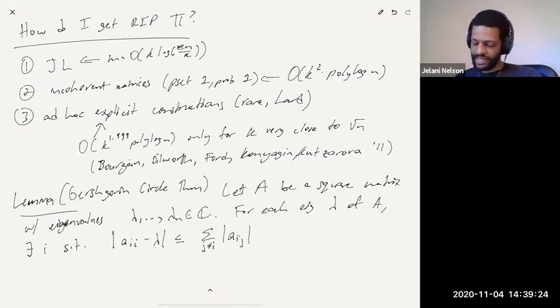So what it says is every eigenvalue of A lies in a complex disk around some diagonal entry of A of radius equal to the L1 norm of the rest of the row. Right? The rest of the row without the diagonal. Okay. Does that make sense?